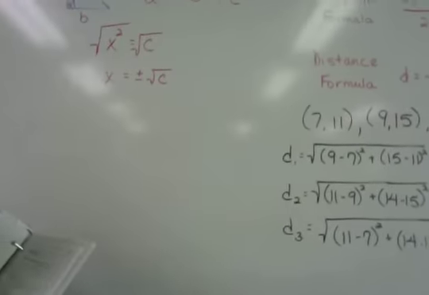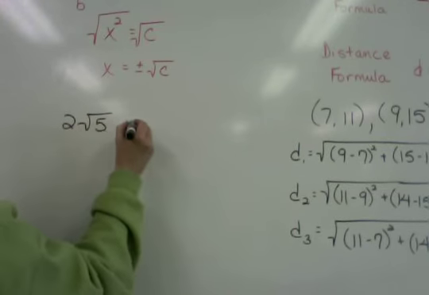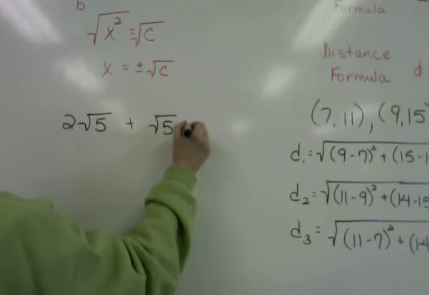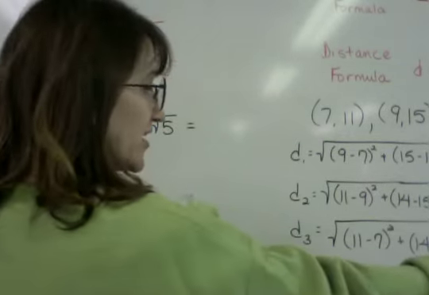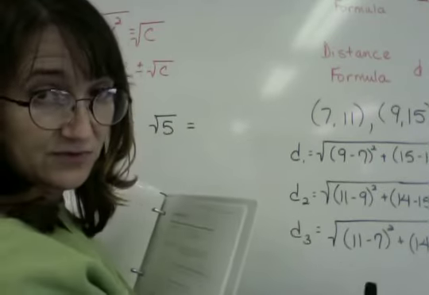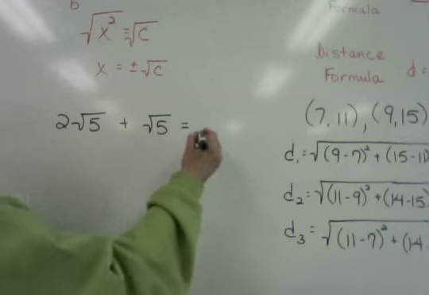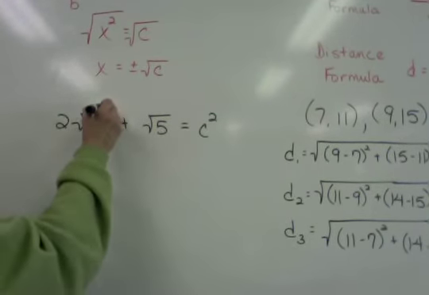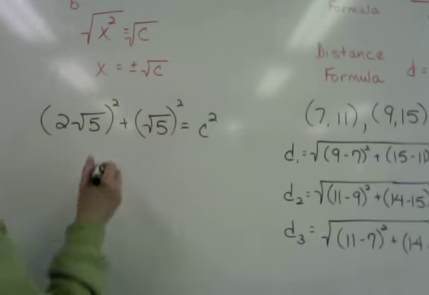So I'm going to have 2 times the radical of 5 plus just the radical of 5. And I'm going to see if it's going to equal the square of my last distance. We're just going to see if that works. So C squared, and we'll just check it. Remember, both of these are going to be squared. Remember what we did the last time?